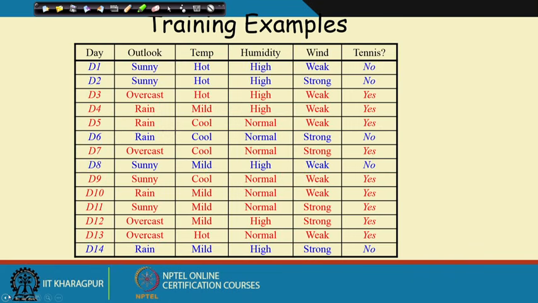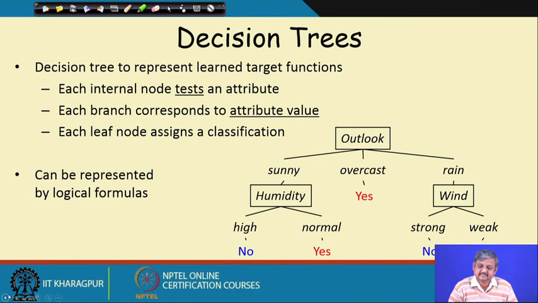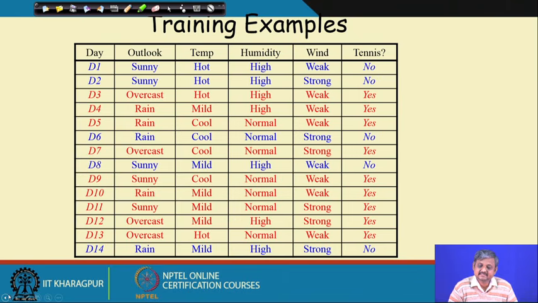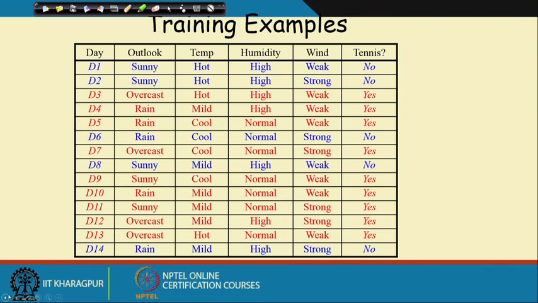Now, look at each of the rows and see what class level you get using this tree. So, for D1, what do I get? Outlook is sunny, I check humidity is high. So, class level is no. Of course, I will not do it for an existing training example, I do it for an unknown example only.